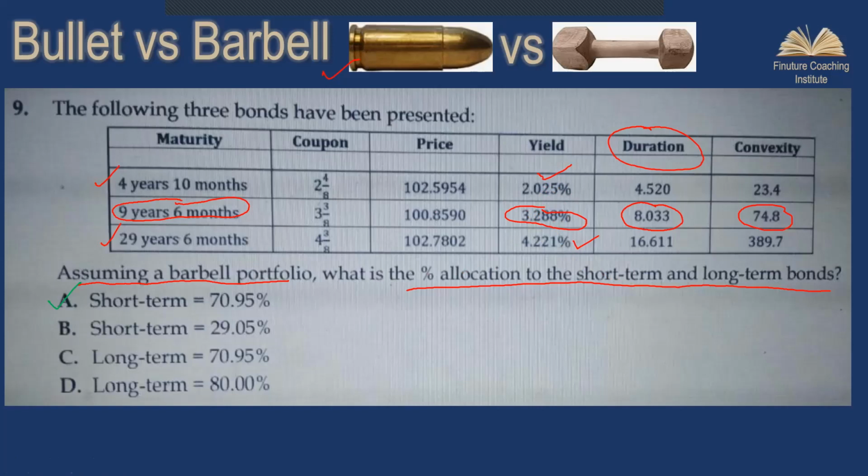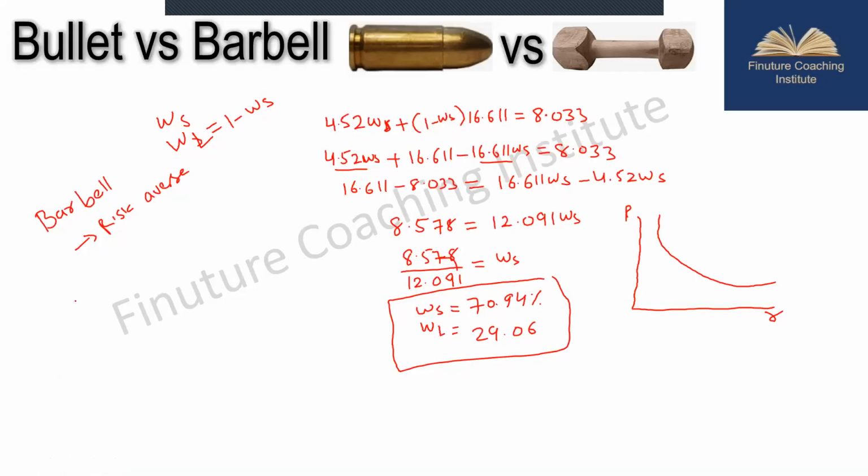So the investor who will go for a bullet will be one who expects higher return. Bullet is for an investor who expects higher return.